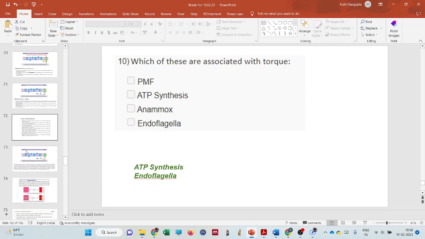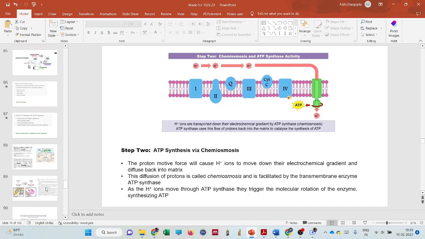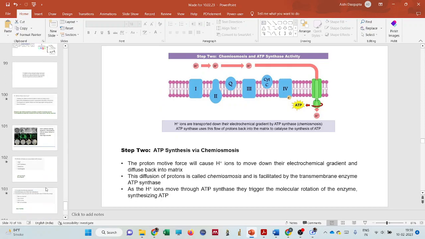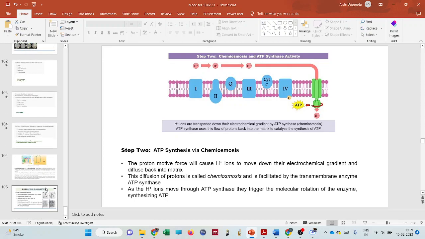PMF is the proton motive force that allows the protons to move from the intermembrane space into the matrix via the ATP synthase, leading to the generation of ATP. So PMF also leads to torque, and obviously ATP synthesis, because the main agenda of the entire process is going through ATP synthase. So both proton motive force and torque should be in this list.